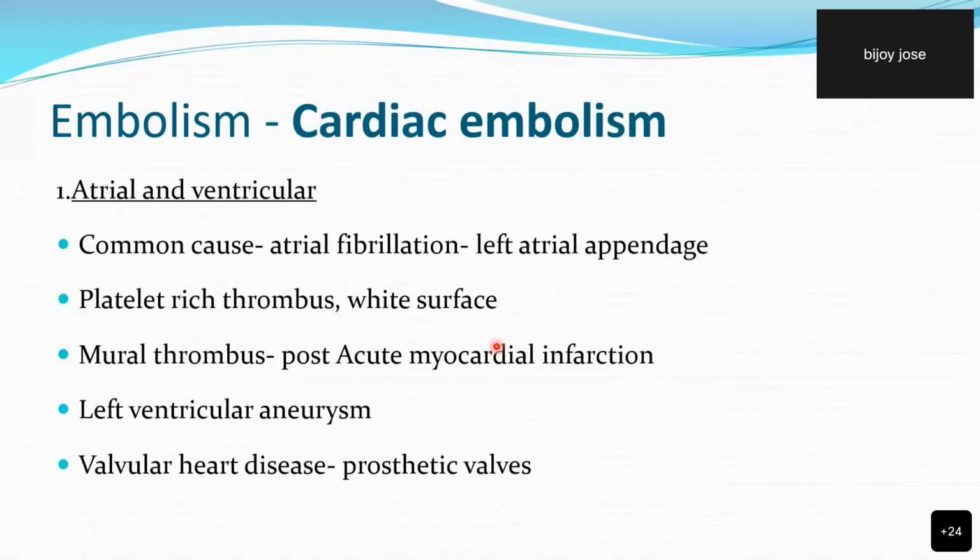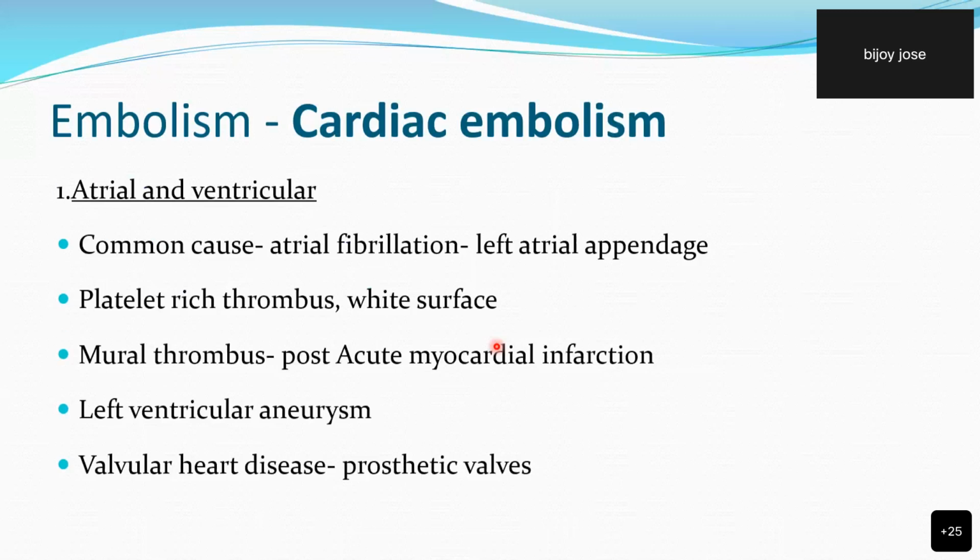Coming to the etiology again, cardiac etiology, atrial and ventricular chamber: a common cause is atrial fibrillation. Because of atrial fibrillation, there is stagnation of blood in the left atrial appendage, and formation of an embolus which travels into the circulatory system. It is a very platelet rich thrombus with a white surface.